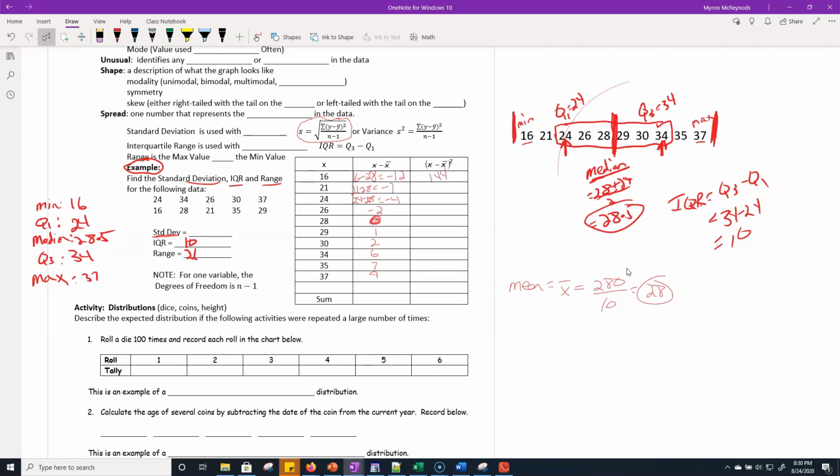What is negative 7 squared? 49. Negative 4 squared? 16. Negative 2 squared is 4. 0 squared is 0. 1 squared is 1. 2 squared is 4. 6 squared is 36. 7 squared is 49. 9 squared is 81.